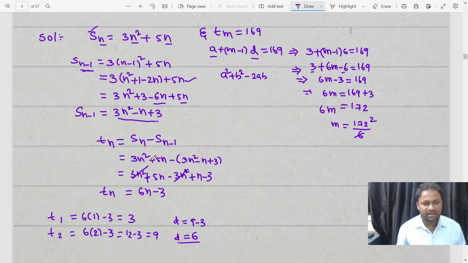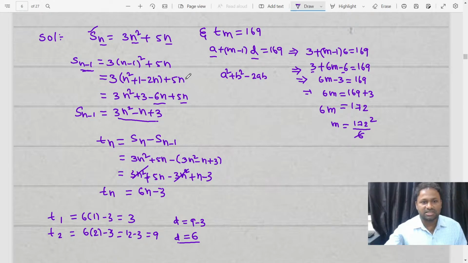Tn is nothing but 3n square plus 5n, right? In the beginning, 3n square plus 5n means 3 into n minus 1 whole square plus 5 into n minus 1.